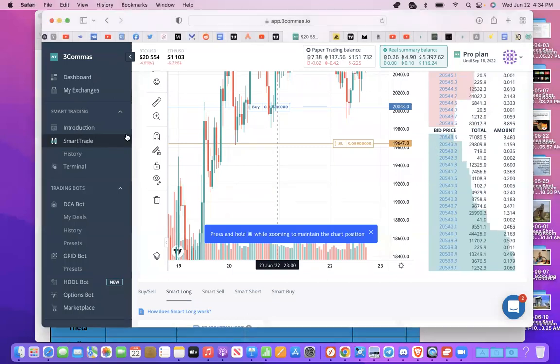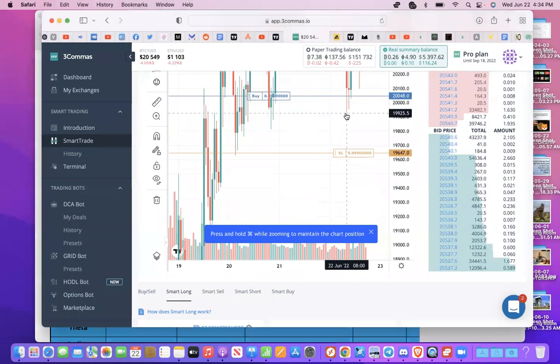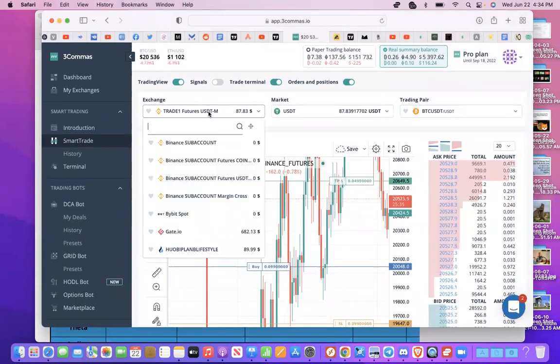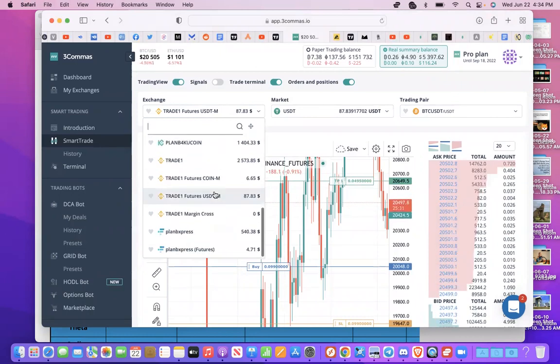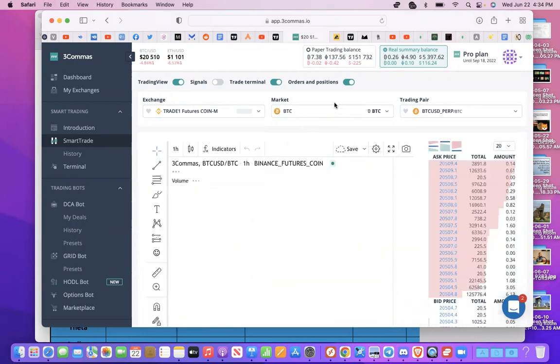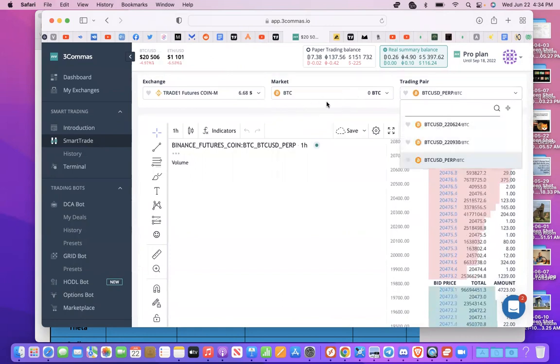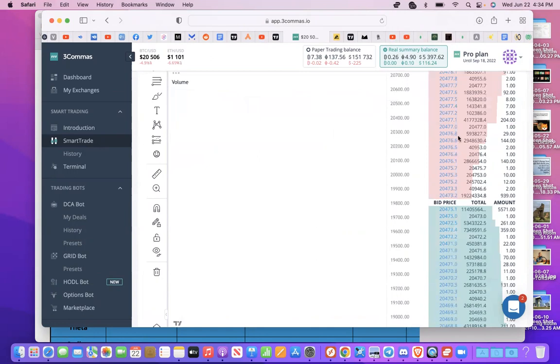Let's look at it. Smart trade and futures. Okay. How many coins do we have in Binance? Let me go here. So futures, coin-M, but you must have that coin. So let's check how many coins. So BTC, sorry, beg your pardon.